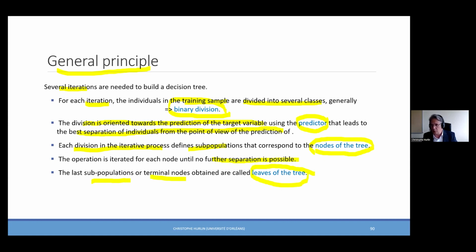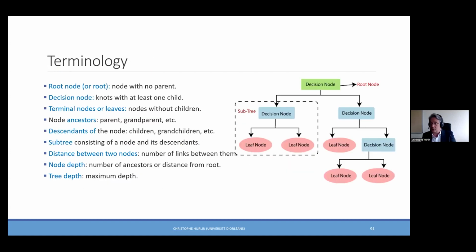We have a root. I will go back to the vocabulary, but okay, this is a general idea. So maybe it is unclear at this stage. So let me first introduce the terminology and then detail the binary division principle.